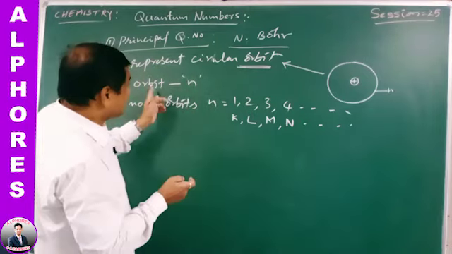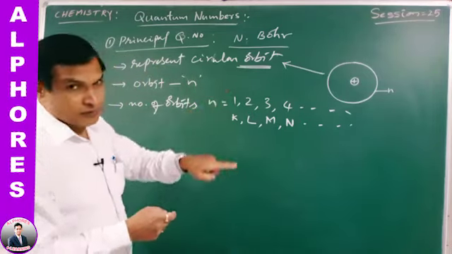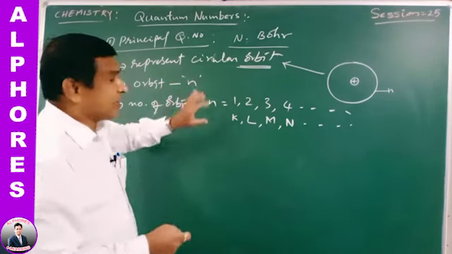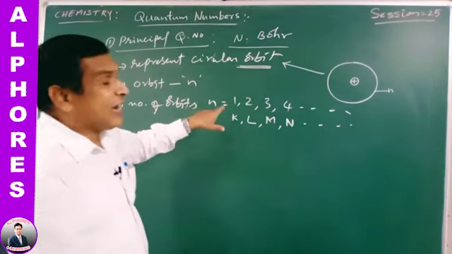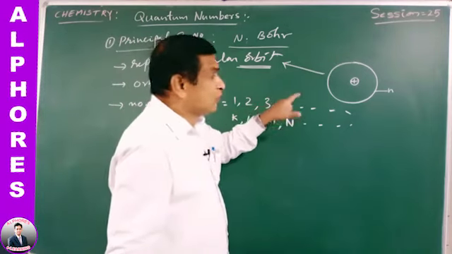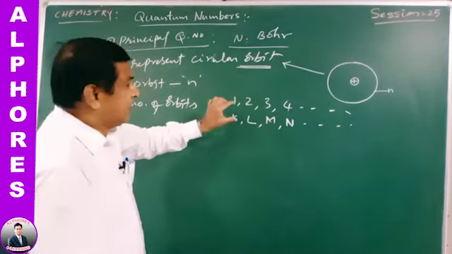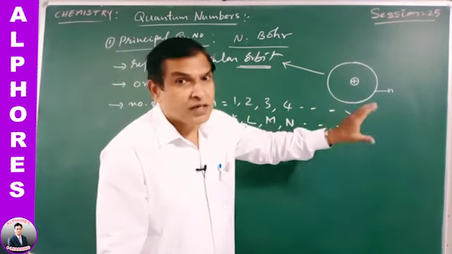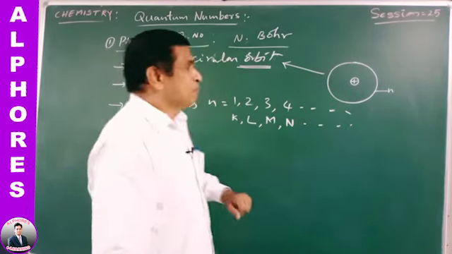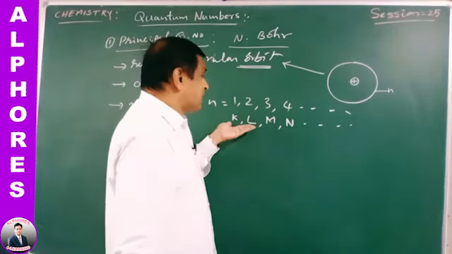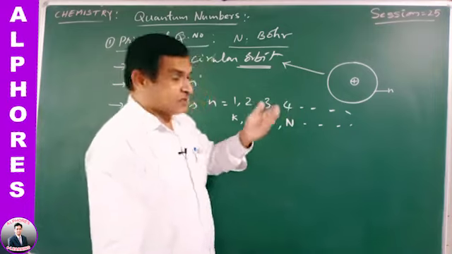The number of circular orbits, that is n orbits, are designated as 1, 2, 3, 4, 5, 6, 7 and so on, or K, L, M, N, O, P, Q and so on. There is no specific reason in selecting these letters.